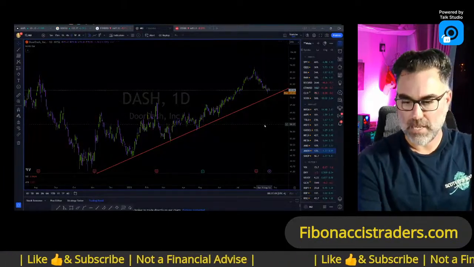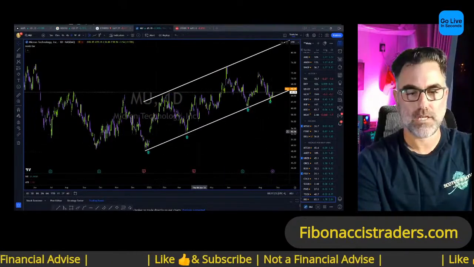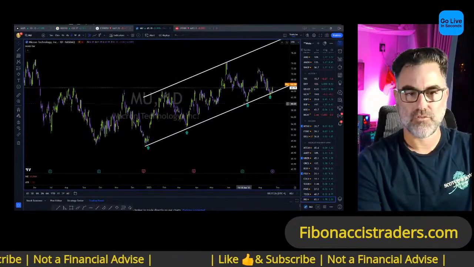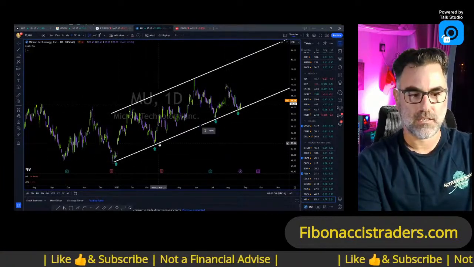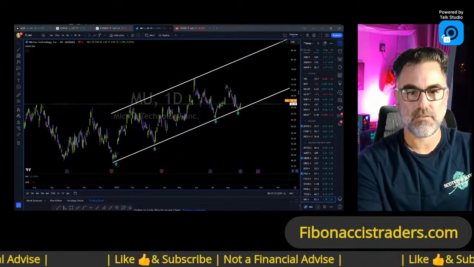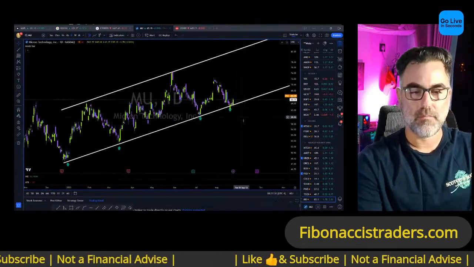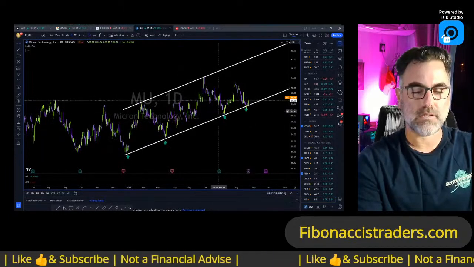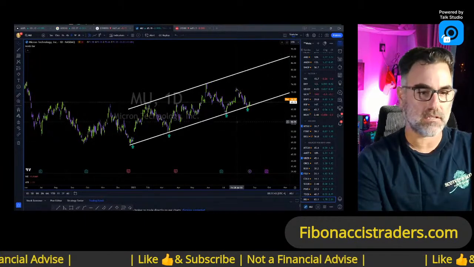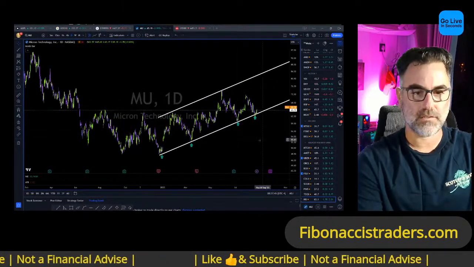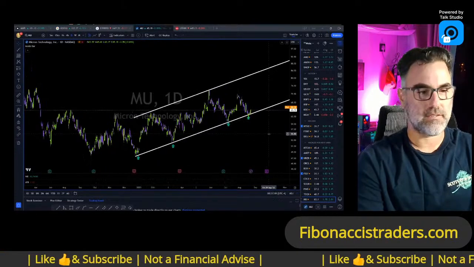MU is next. MU holding inside uptrend channel. You have this trend line. Once again, trend lines. If you know trend lines and the relationship with candlestick analysis, aka price action, once you understand this, you can trade anything that you want. SPYs, QQQs, Bitcoins, Forex, futures, on any time frame.